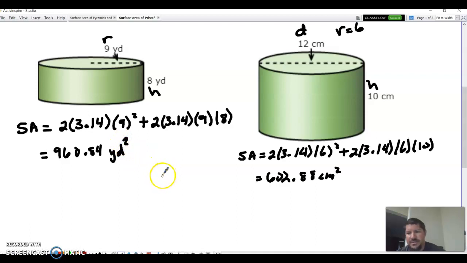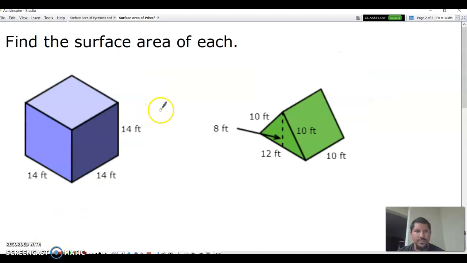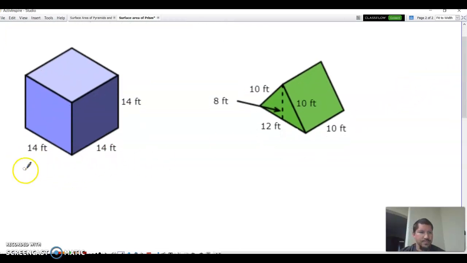Alright, so that's cylinders. On to prisms. Alright, so find the surface area of each. So first, this is a cone, or not cone, this is a cube. I know it's a cube because all 3 dimensions are the same. So surface area of a cube is 6 times 14 squared.